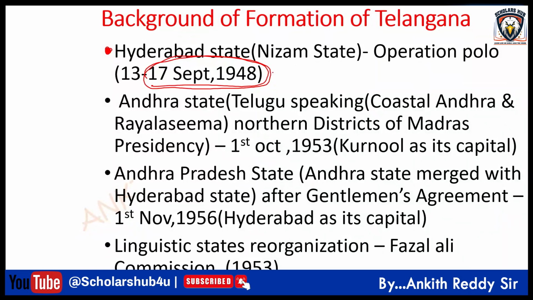But the ruler of the Hyderabad state, Mir Usman Ali Khan, started to have relations with Pakistan, and he started an ammunition factory. All these things troubled the Indian government. Sardar Vallabhbhai Patel felt that Hyderabad state would be like an ulcer for India, so we need to remove that ulcer.